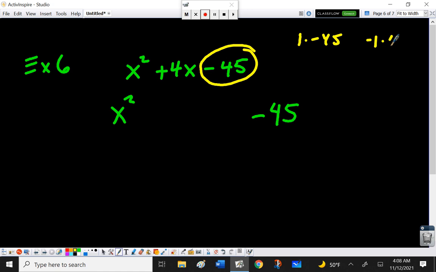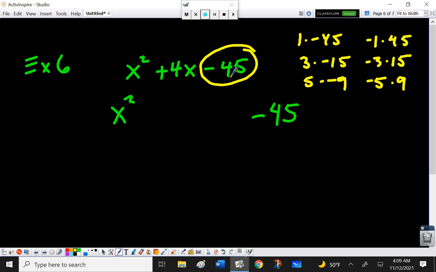Negative 1 times positive 45. 3 times negative 15. Negative 3 times 15. I believe we're going to have 5 times negative 9, and then negative 5 times positive 9. I believe that's it.